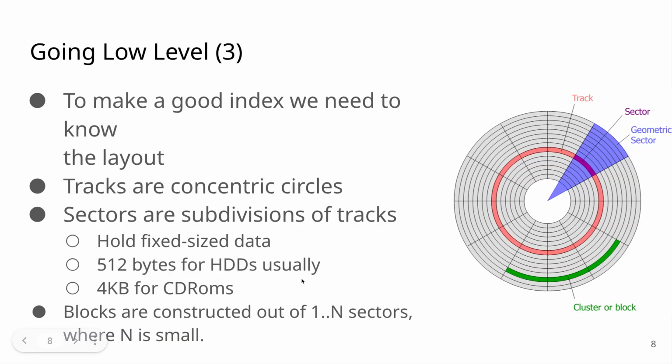For hard disks, a typical size that you see a sector having is 512 bytes. That's almost half a kilobyte for a sector. For CD-ROMs, because they have a higher density on the medium, this can be like 4 kilobytes.